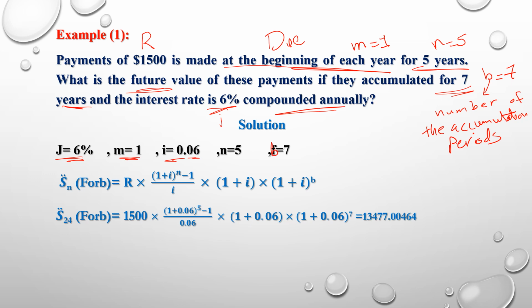And this annuity is an annuity due, but forborne one. So we will use the formula of the forborne annuity due, which equals R times ((1 plus i) to the power n minus 1) over i, times (1 plus i), times (1 plus i) to the power b. By substituting the values of R, n, i, and b in this formula, we get the future value of these payments, which equals this amount.